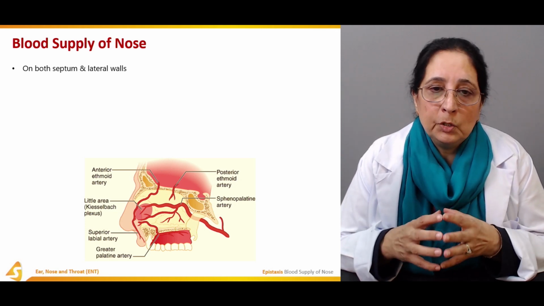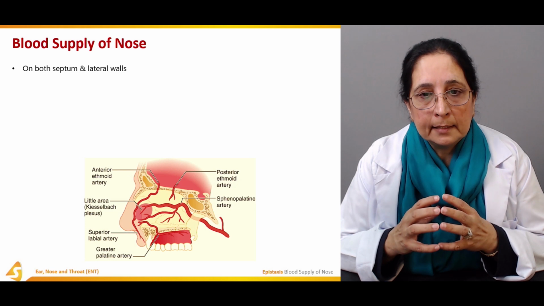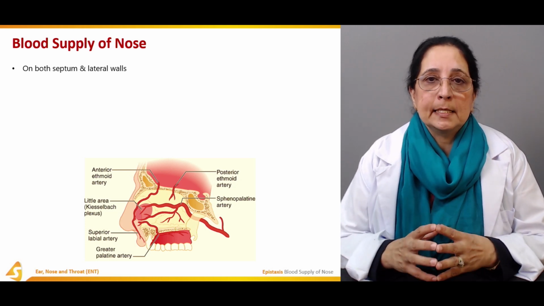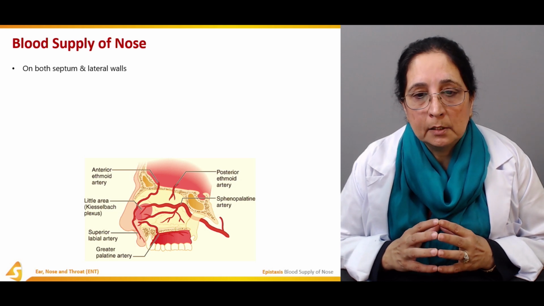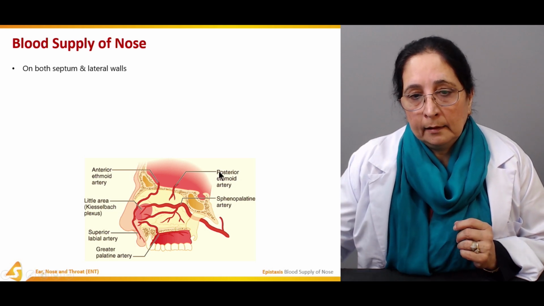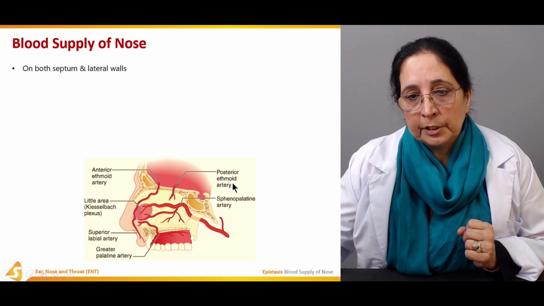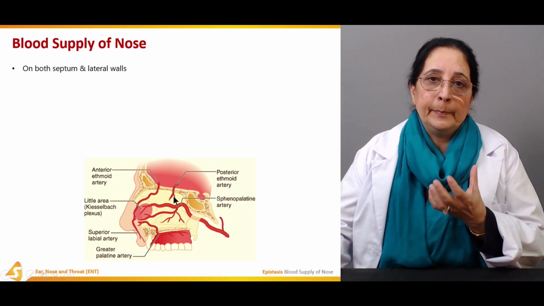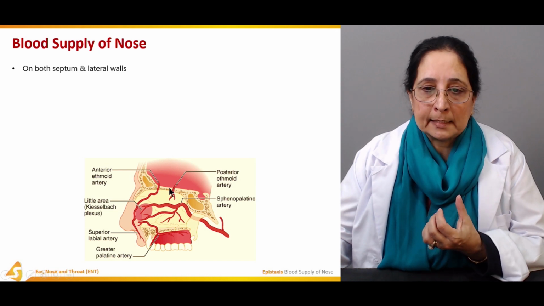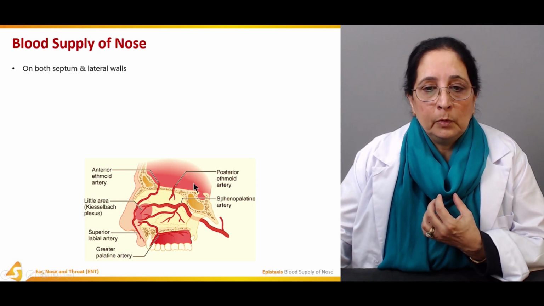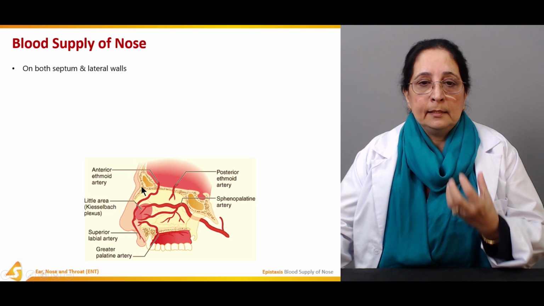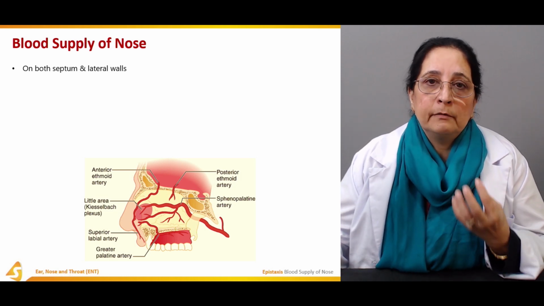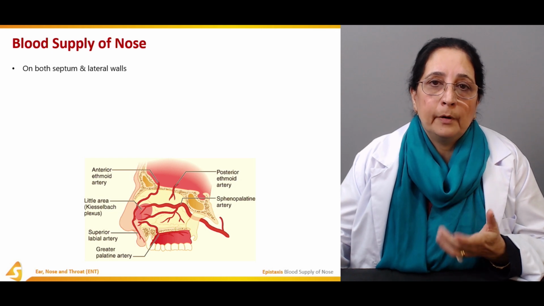This area is known as Little's area, and this is the site for epistaxis in about 90% of the cases. The other artery here, you can see the posterior ethmoid artery, is there, but it's not actually taking part in the formation of the plexus, so it's not included here. So Little's area is the area where the four major vessels come and form the plexus.